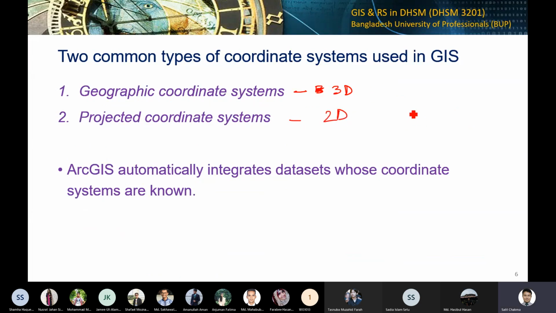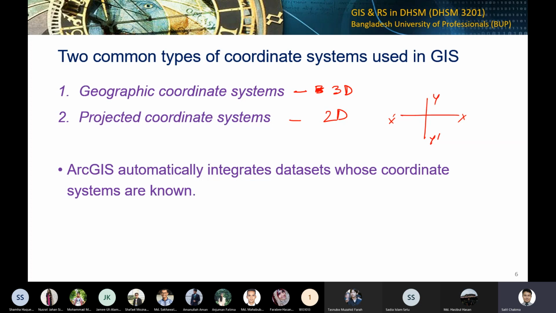And why do I say X and Y coordinates? Because it's very simple. It's two-dimensional. So whenever it's two-dimensional, remember that graph, the problems that we used to solve in high school. So we have a graph. In a graph we have X, Y. Okay, so that piece of paper is two-dimensional.